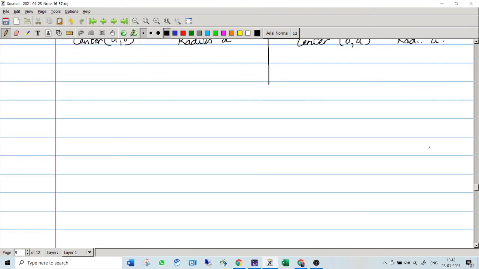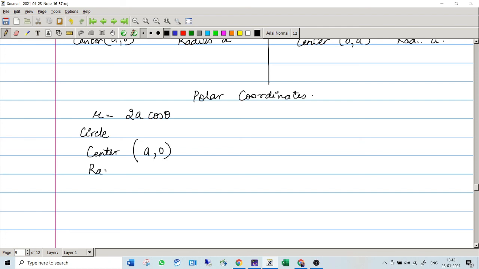So when you have an equation in terms of polar coordinates, let's say r is equal to 2a cos theta, you can identify this equation as a circle with center, in terms of Cartesian coordinates, because it is cos, at a comma 0, and the radius is going to be a.